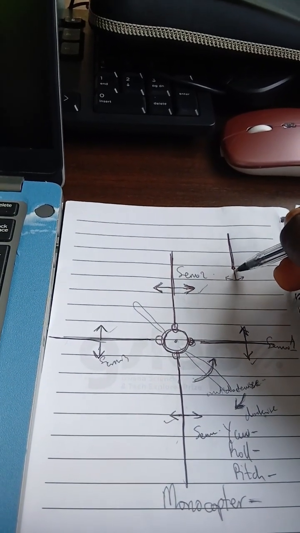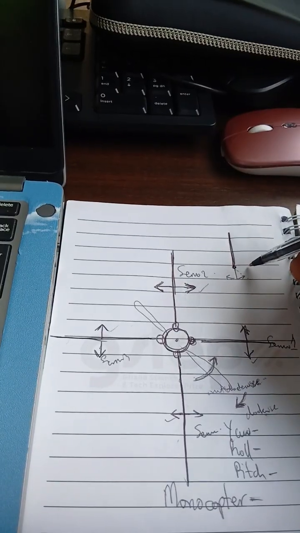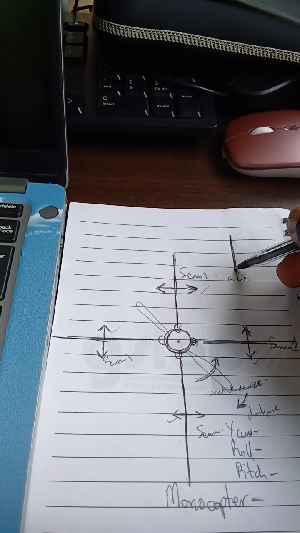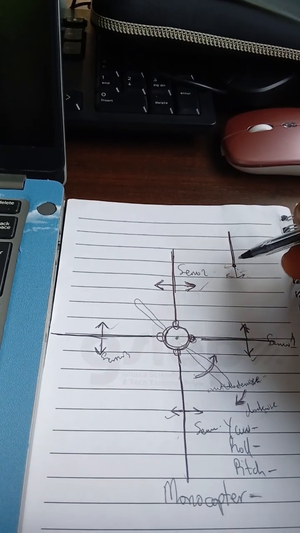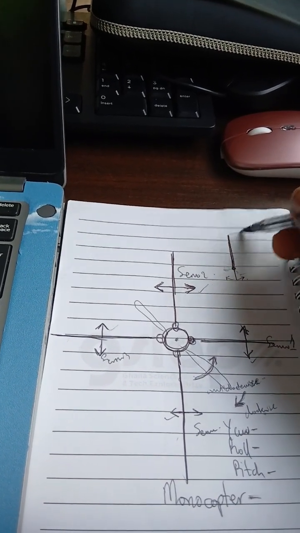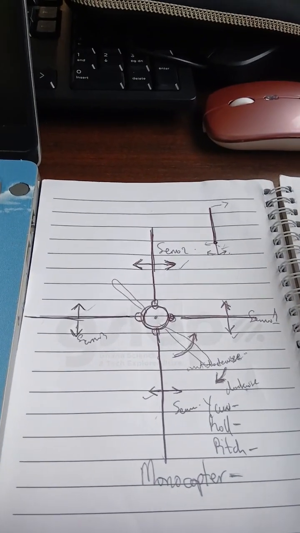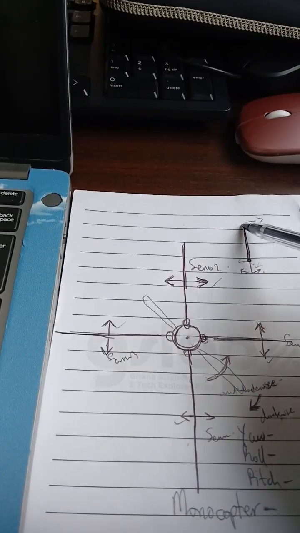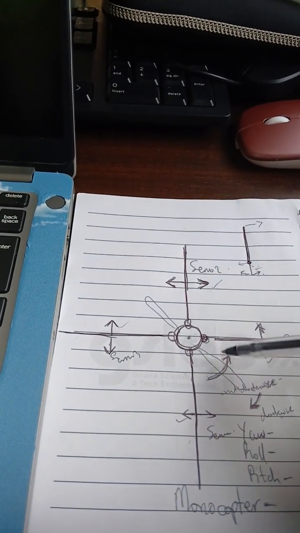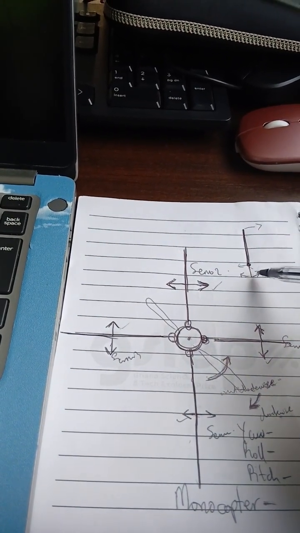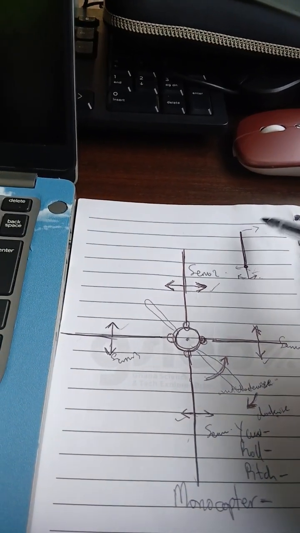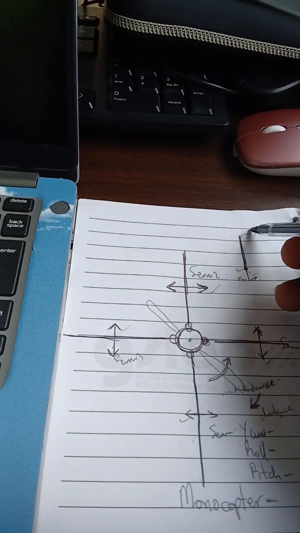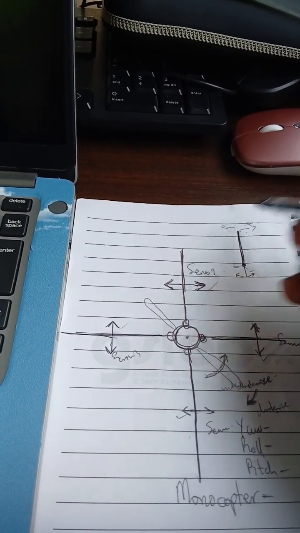Now when this thing is this way, and the force is created this way, it forces this joint to move this way and causes the top here to move the other way. So for roll, left and right, the two servos that are aligned should move all in the same direction to cause the drone to move either this way or the other way.